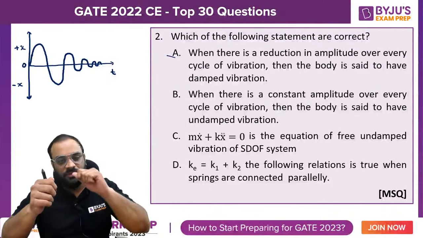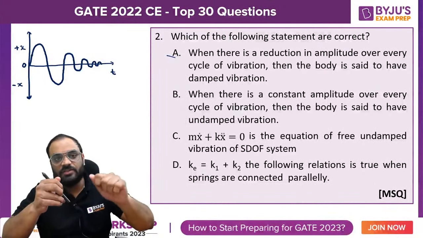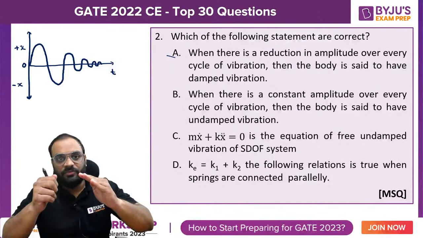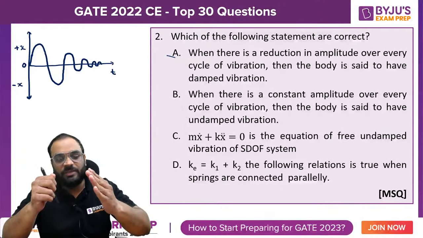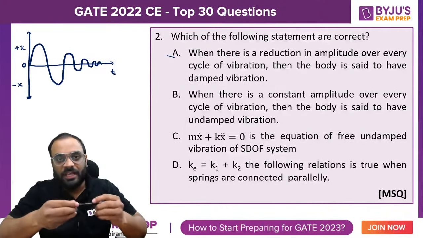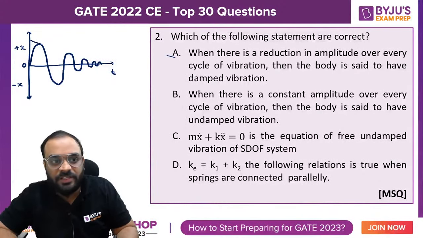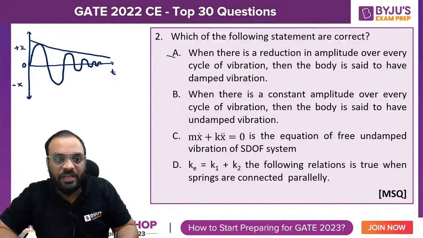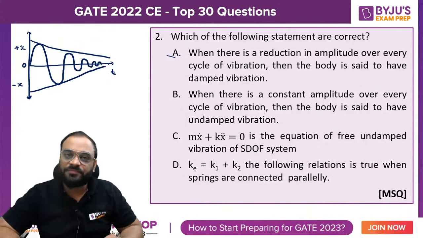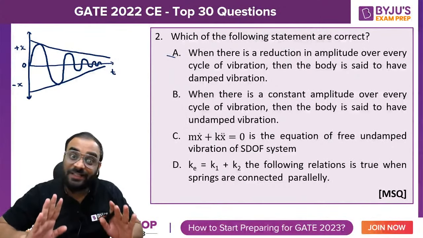If you give a stroke over the string, it will vibrate for some duration, and after that it will reduce its oscillation and ultimately come to the mean position. In that case, the displacement is continuously reducing with respect to time. That's why that particular type of vibration is known as damped vibration.